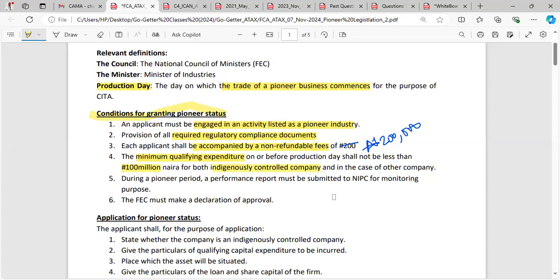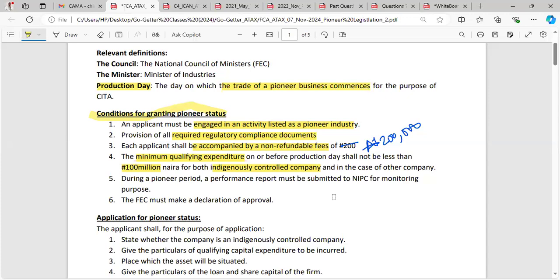So let's say, for example, you are into telecommunication. Let's use telecommunication as an example, and we have an example of Glo, Glo Nigeria. It is into telecommunication, so it is engaged in a pioneer activity, and it has the regulatory documents.